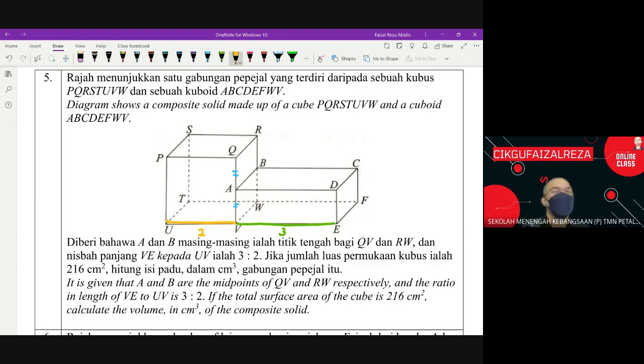How many surfaces does the cube have? 2, 4, 6, isn't it? If not, you can imagine a box. So we have 6, which means can I have one area?